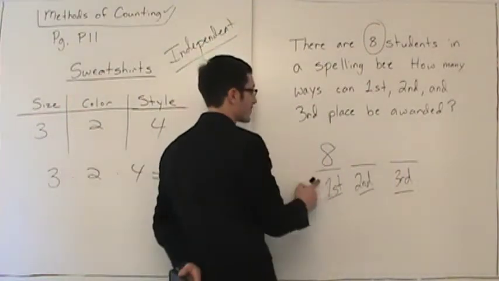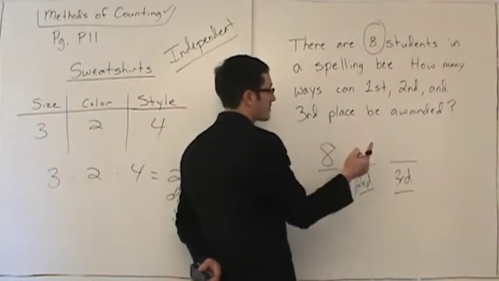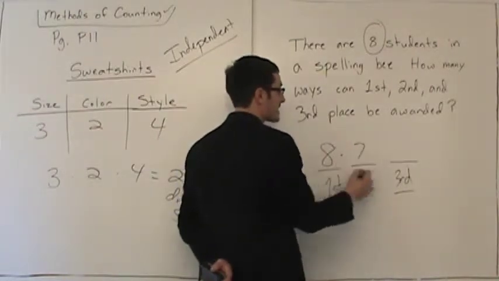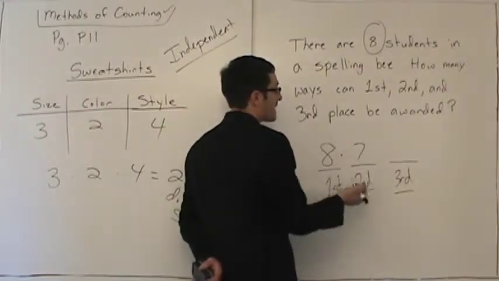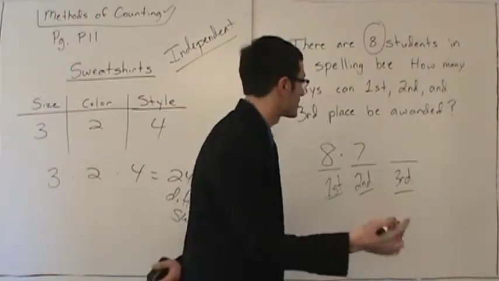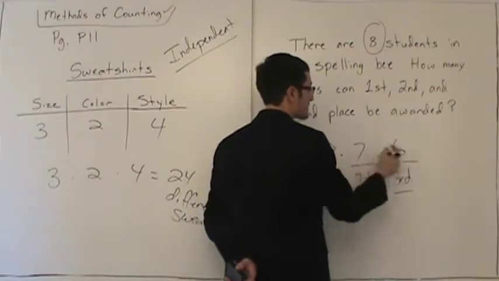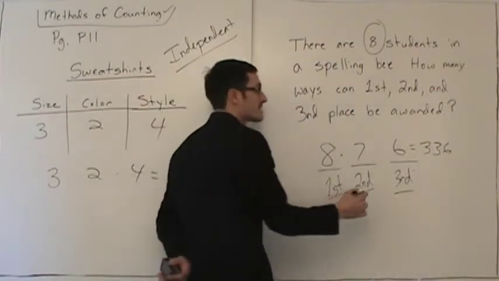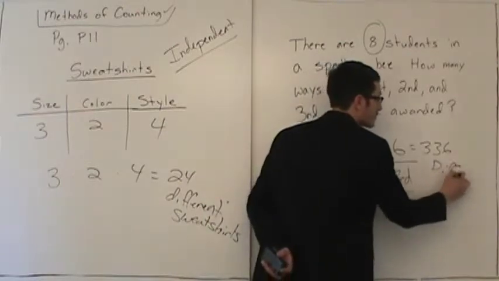So how many options do we have for second place? The student's out, so we only have 7. After we choose first and second place, 2 students are out. How many options do we have for third place? We only have 6. 8 times 7 is 56, times 6 is 336. 336 different ways to award the prizes.